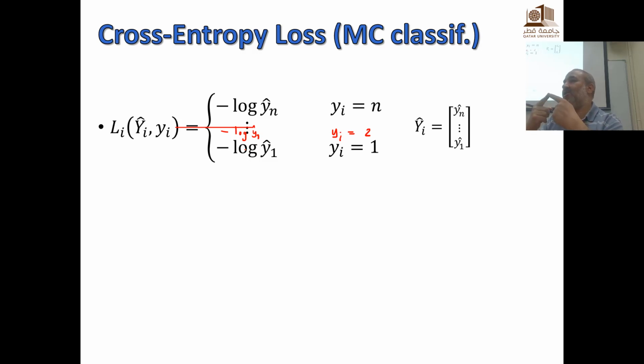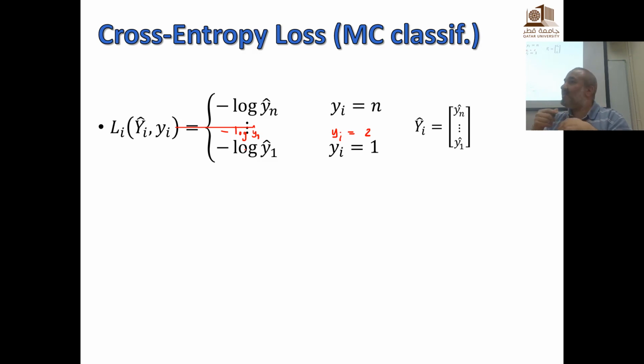It's not a direct relation like if they are not equal, then the loss will be 1. That's 0-1 loss. But cross entropy loss is not computed that way. It will be computed based on the true label. We look at the probability for that class. If the probability for that class, which is the true class, is 1, then the loss will be 0, right?